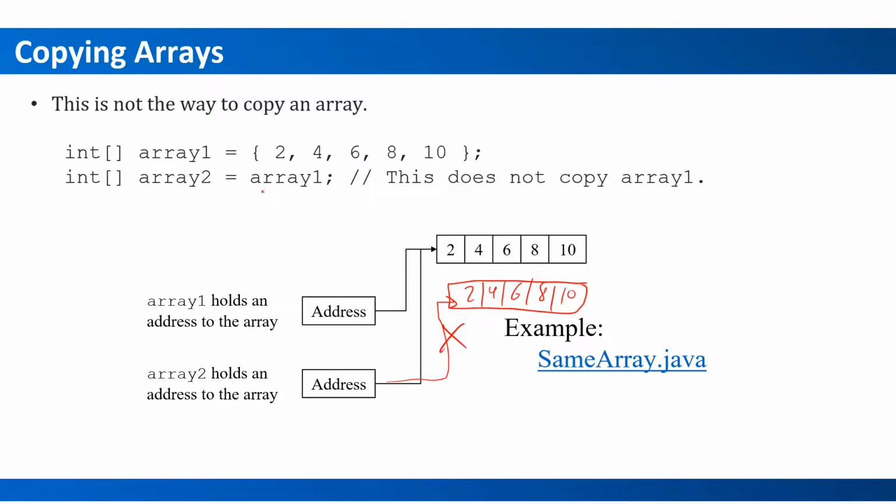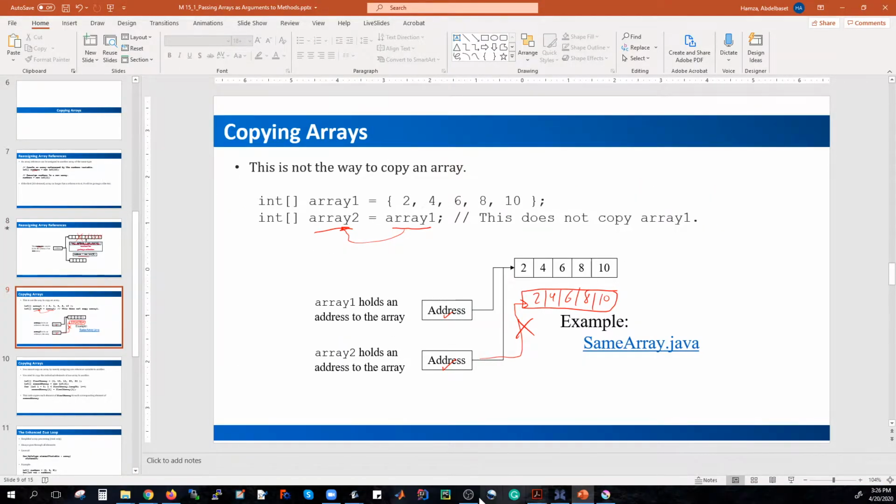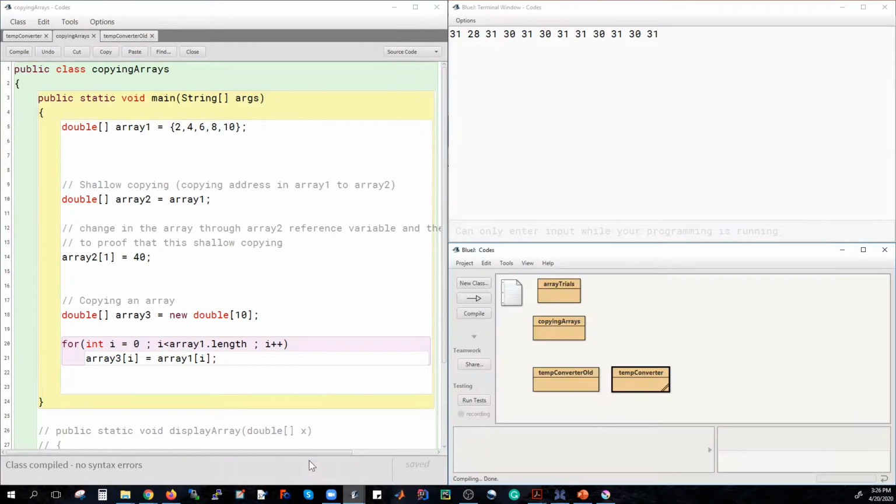What's going to happen is that array1's address is going to be assigned to array2. So the address is going to be exactly the same as this one, which makes both of them point to the same object in the memory. That in this case is called shallow copying, the same as with objects, and it's not going to work if we are really hoping to copy an object or an array.